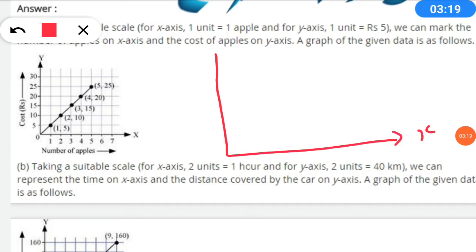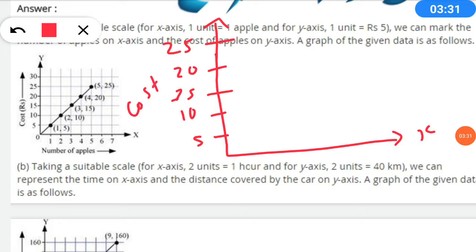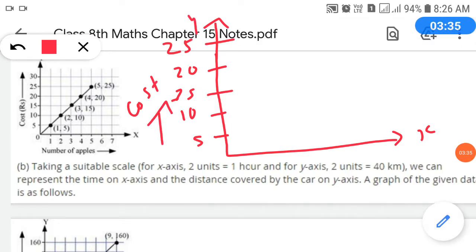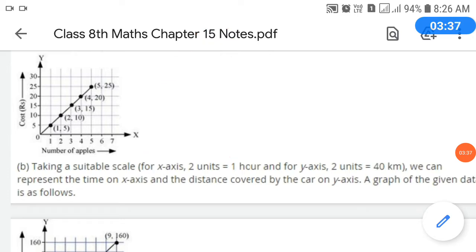It will be x, it will be y, here it will be 5, 10, 15, 20, 25. This will be the cost for the y-axis. This will be the x-axis we are having.